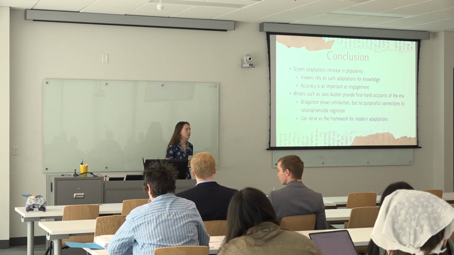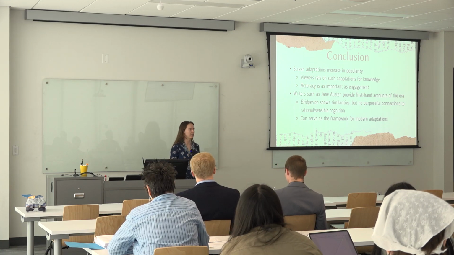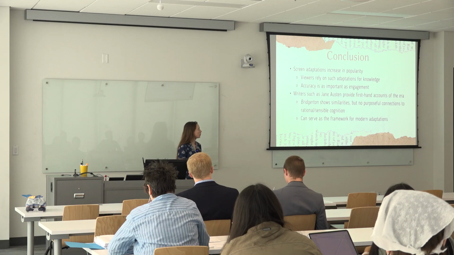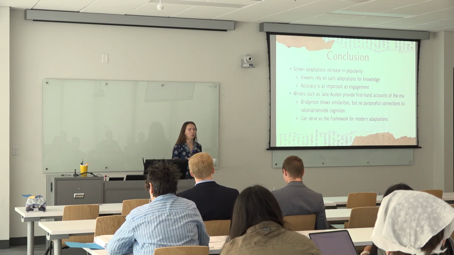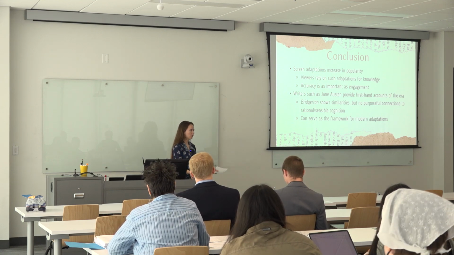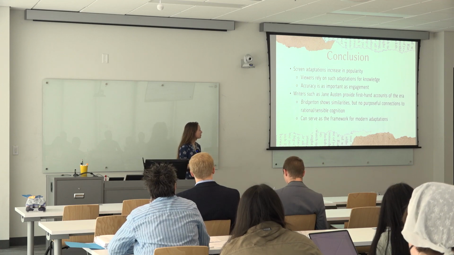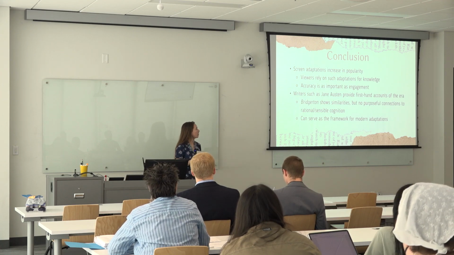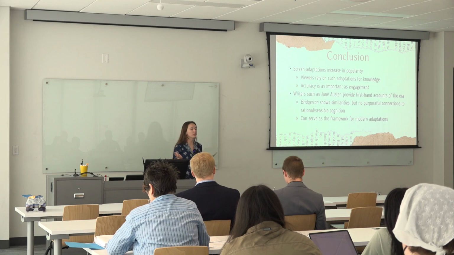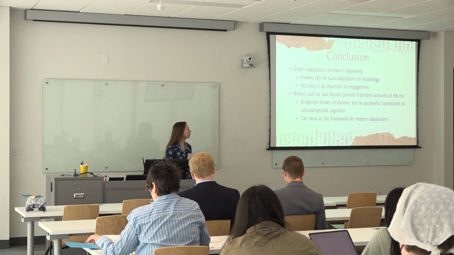And because of that, accuracy is as important as engagement. So when portraying those eras, it's important to accurately visualize those. So writers such as Jane Austen provide firsthand accounts of the era through her fiction.